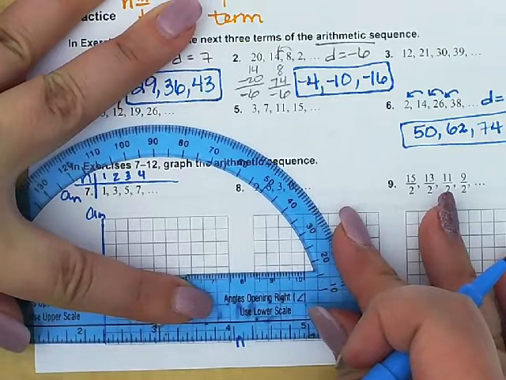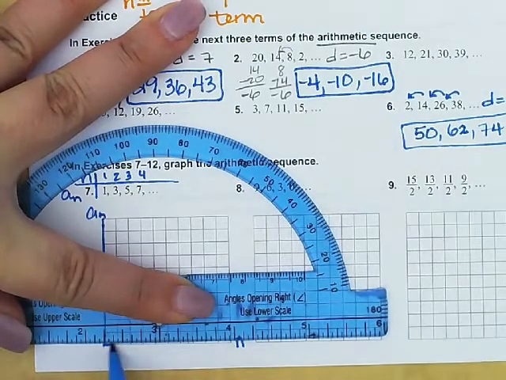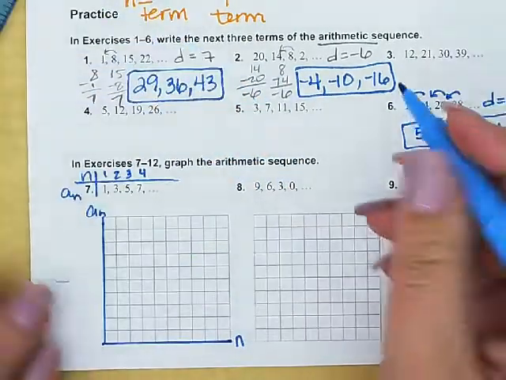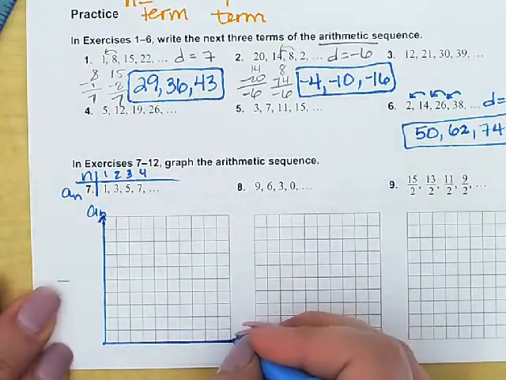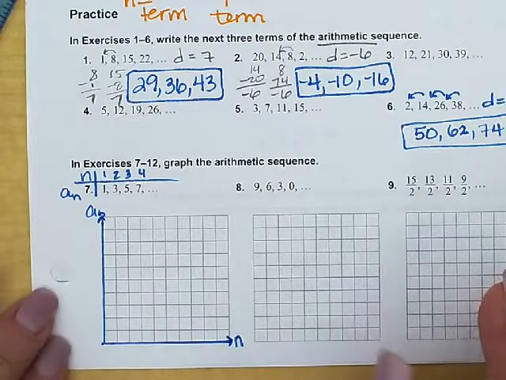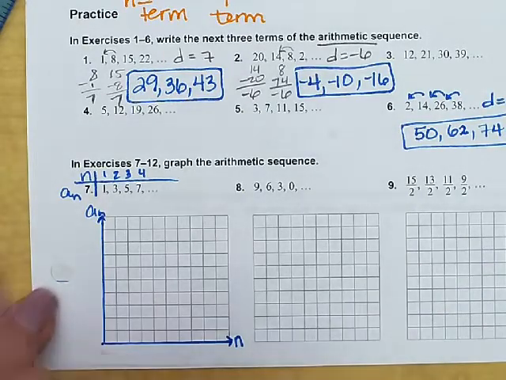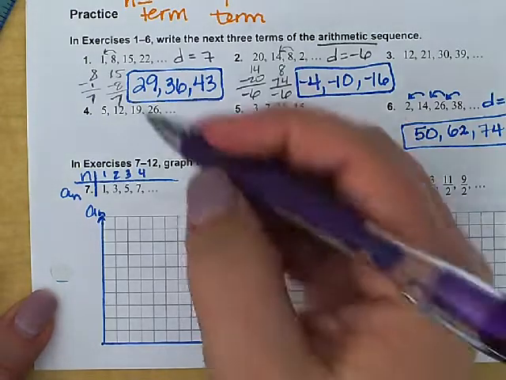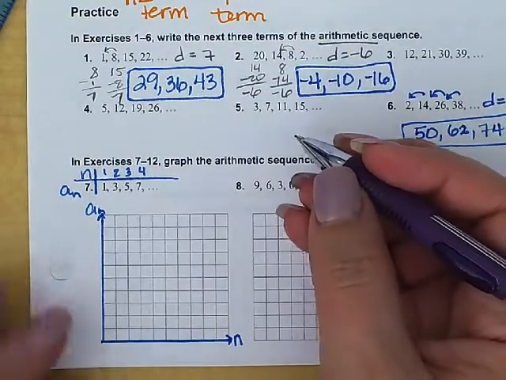On my x-axis is the n, the position in the sequence, and on my y-axis is the actual value. So n and a sub n. And then let's go ahead and plot our points. I'm just going to go by ones, to be honest.